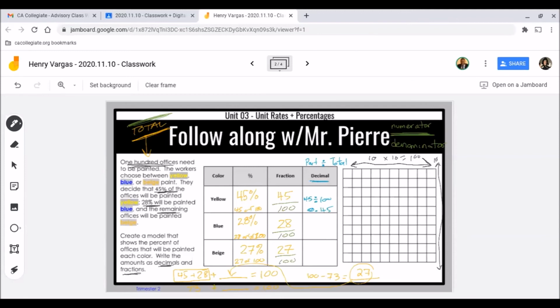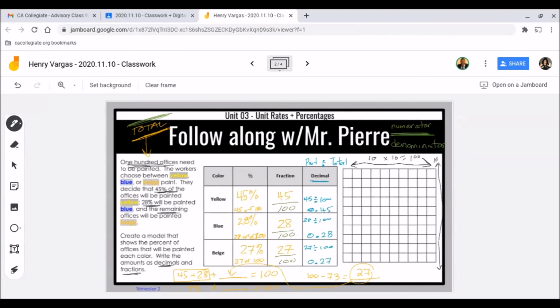Thank you, Allison. Perfect. When we look at blue, it's going to be 28 divided by 100, which is 0.28. And then last but not least, for beige, that's 27 divided by 100, which is 0.27.